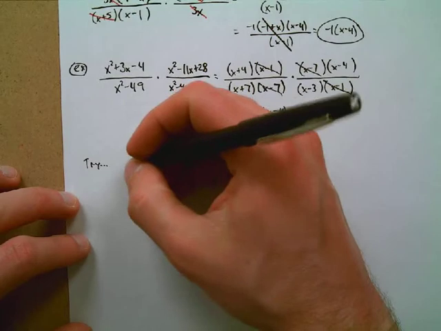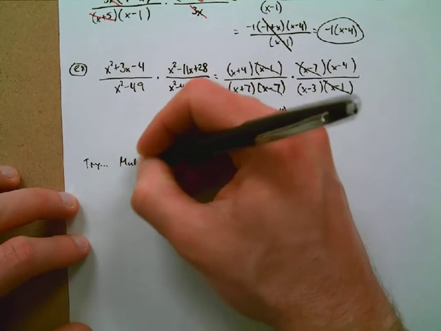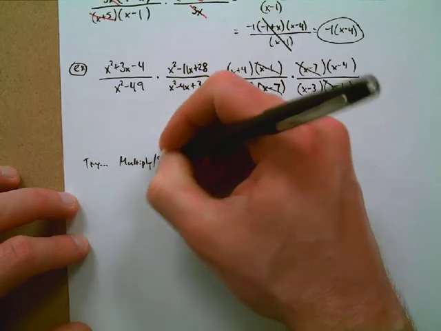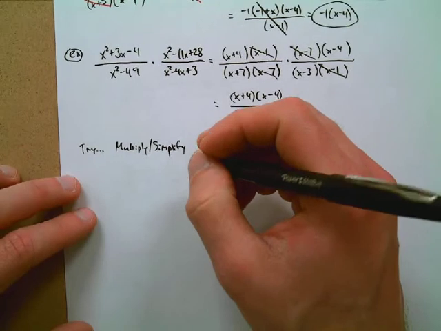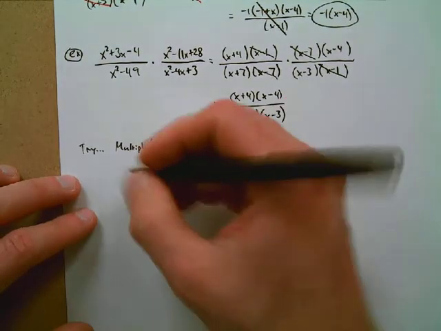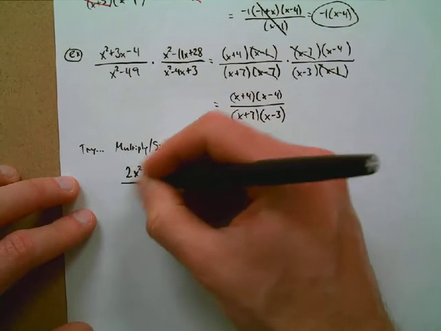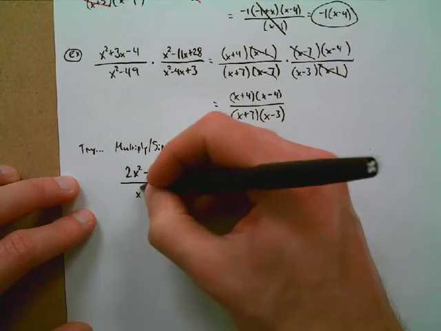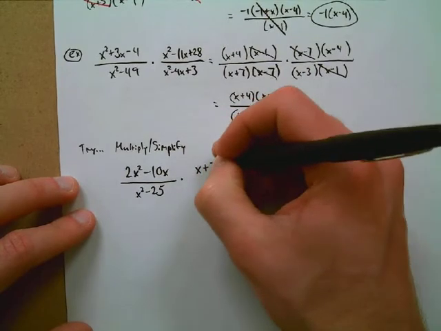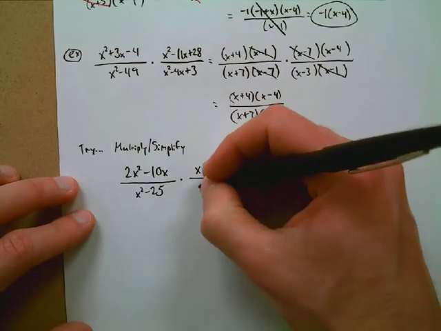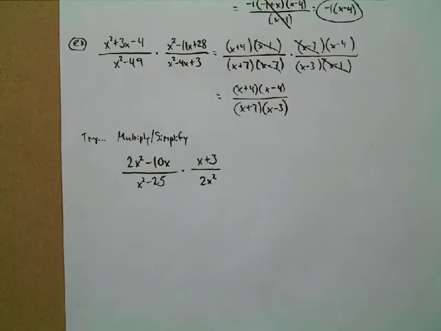All right, so again, the directions are simplify, or multiply and simplify. 2x squared minus 10x all over x squared minus 25 times x plus 3 over 2x squared. Okay, try that one. See what you can do there.